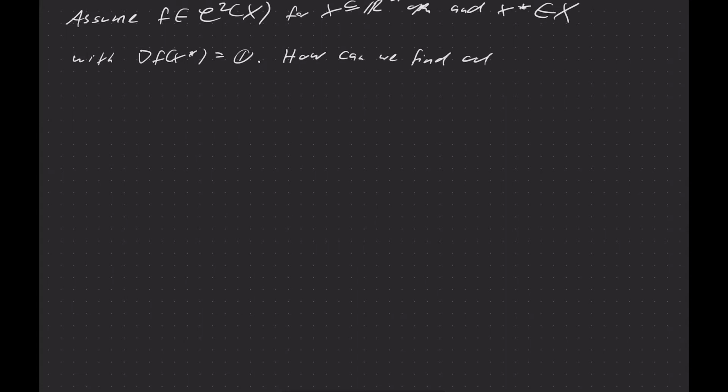So how can we find out whether x star is a minimizer, a maximizer, or a saddle point?